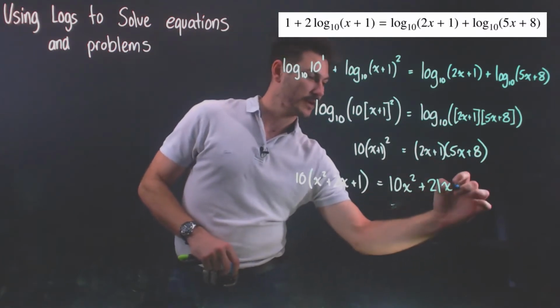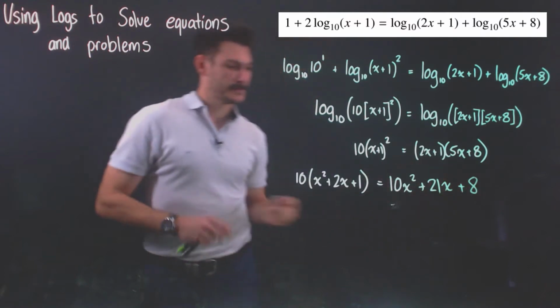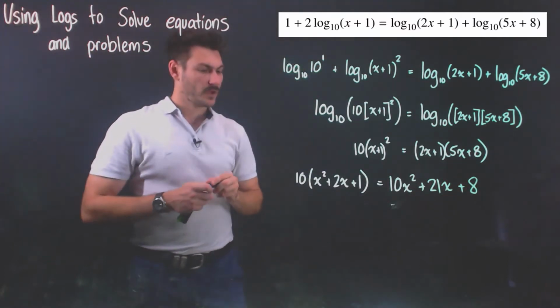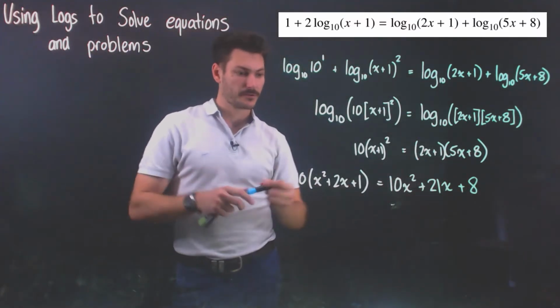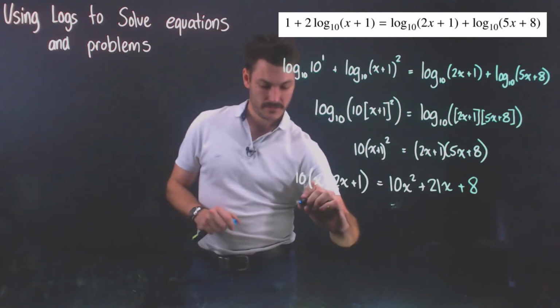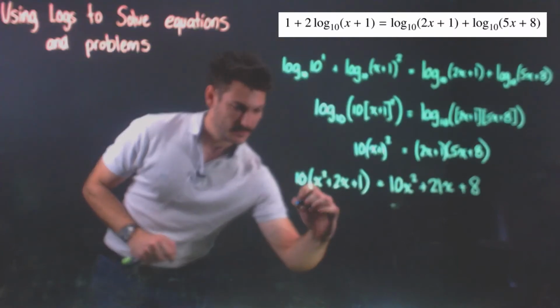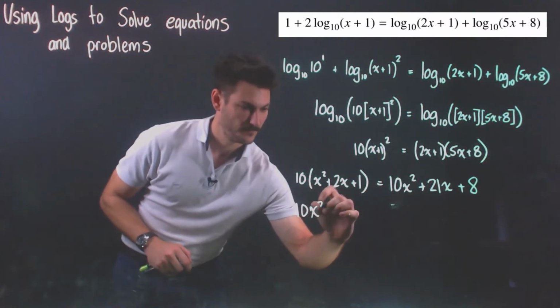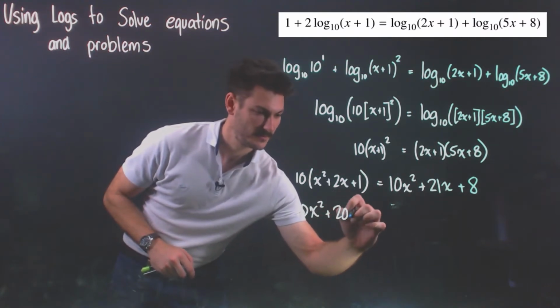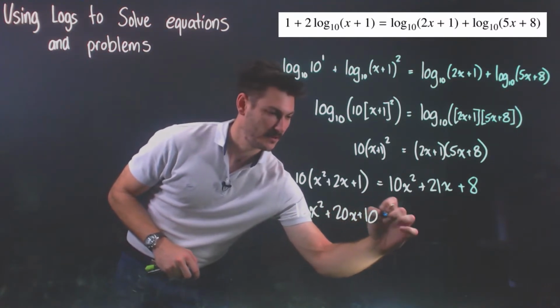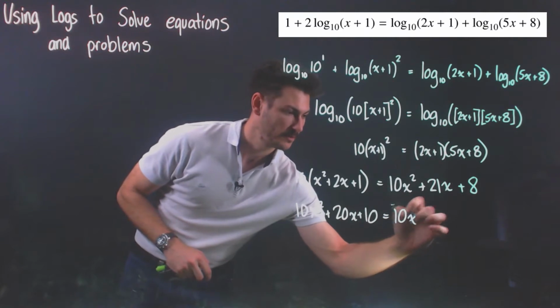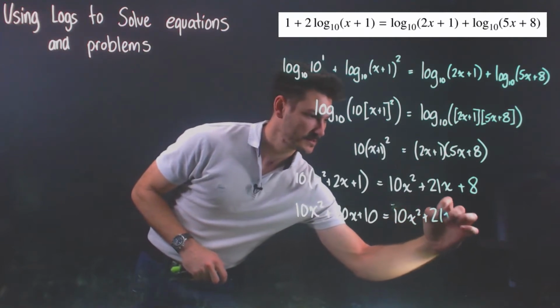And then one lot of 8 is just 8. Now I can expand through, and on the left hand side I get 10x squared plus 20x plus 10 equals 10x squared plus 21x plus 8.